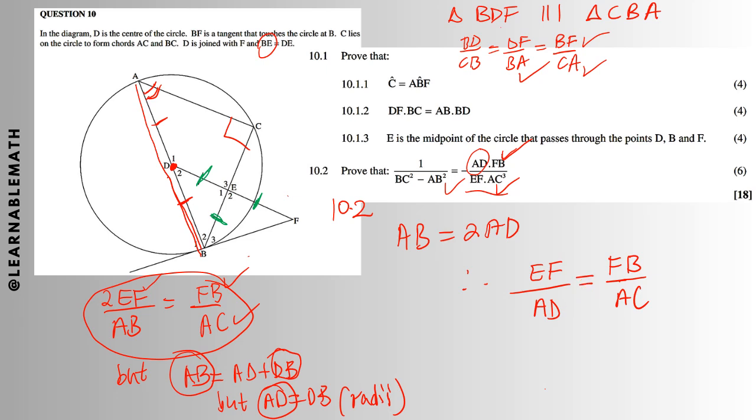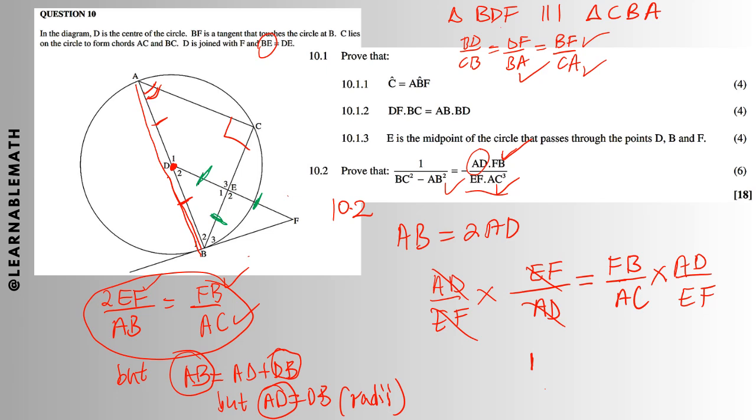But rather than cross multiplying, we can also choose to just multiply by the reciprocal, so that the other one goes that side. So I can multiply here by AD over EF. What I do this side, I must do this side. I multiply with AD over EF, so AD and AD will cancel, EF and EF will cancel.